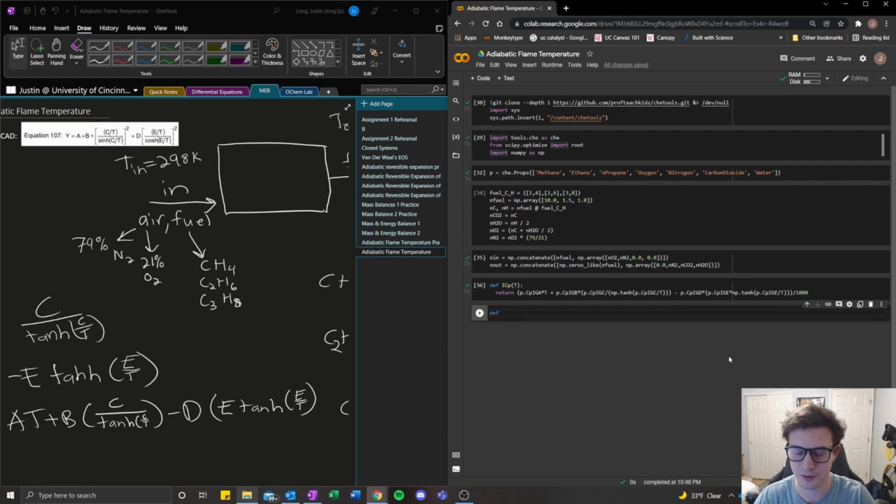And so the next function we are going to need is the function that'll give us the heat capacities, or the heat of formations. So we need the heat of formation of an ideal gas, and we need this to take in the number of moles and the temperature.